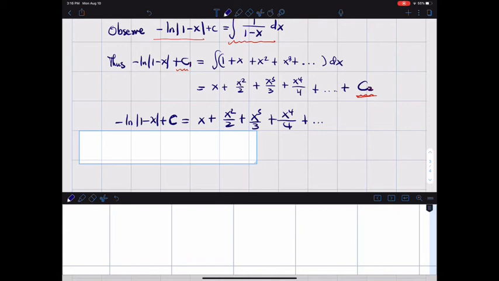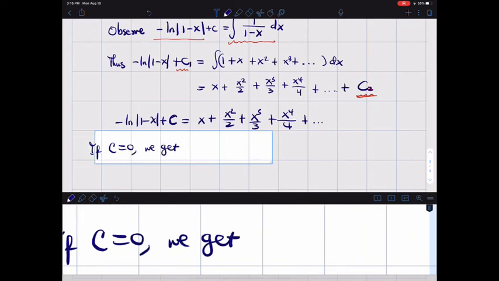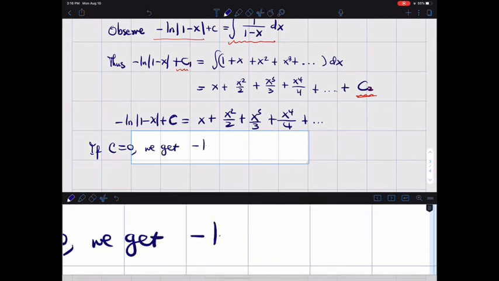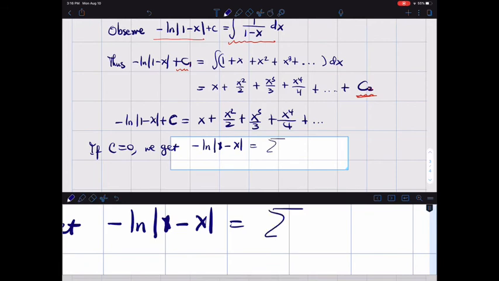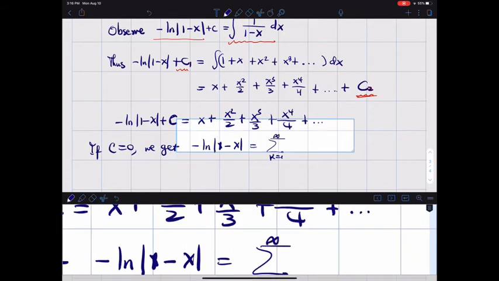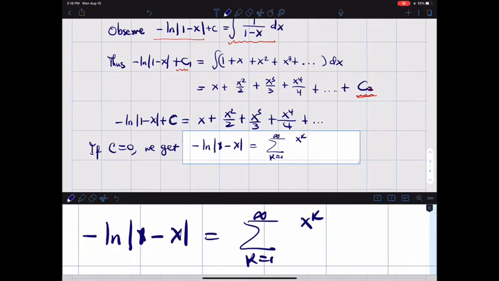So if c is 0, we get that minus natural log of 1 minus x is going to be the summation k from 1 to infinity of x to the power of k over k.